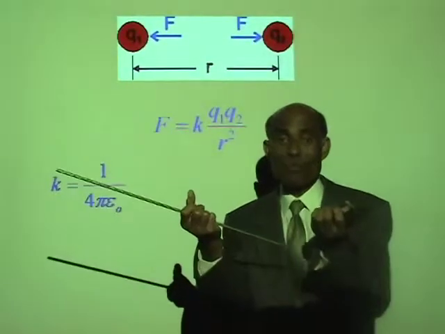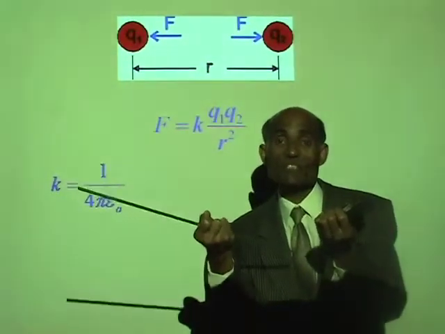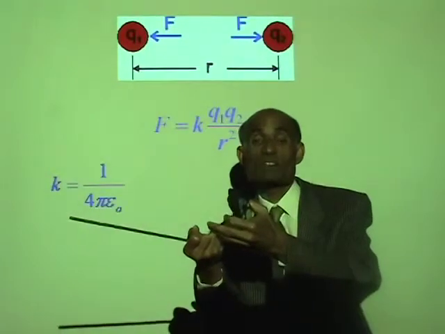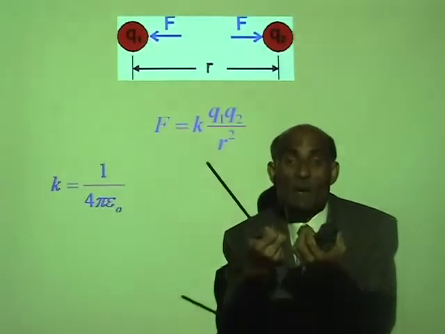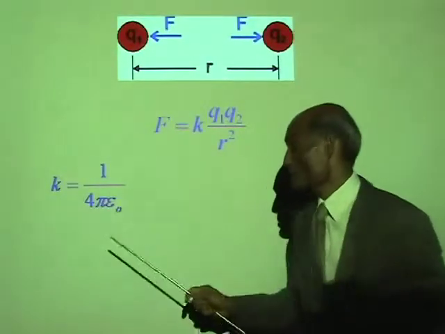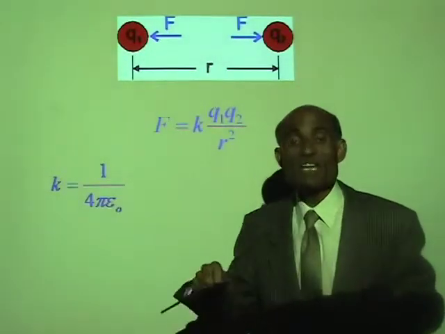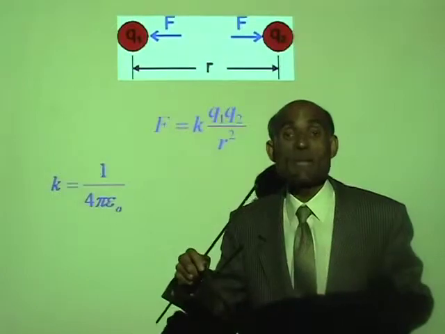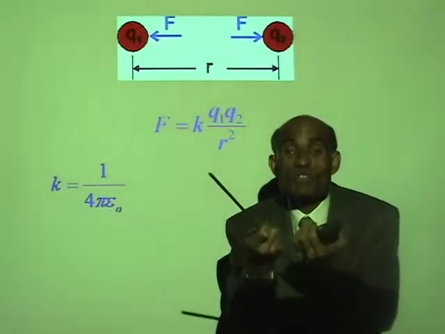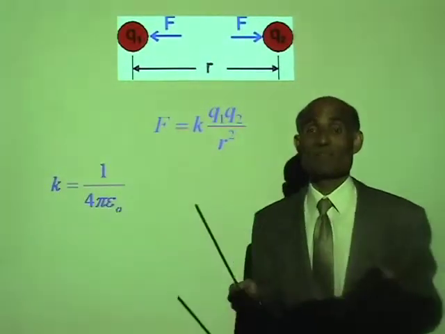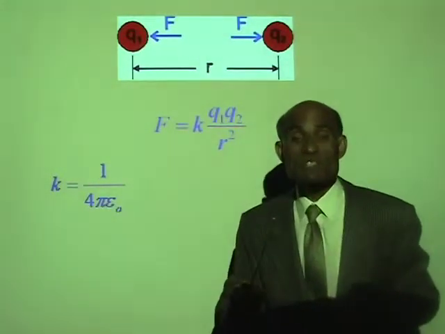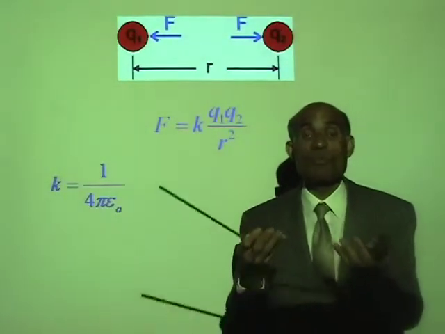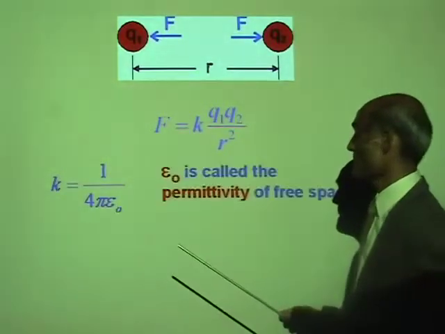In order that one electric charge may exert force on another electric charge, this force is conveyed through a medium. And so epsilon naught is a property of that medium in which the forces are being conveyed. And so epsilon naught is called the permittivity of the medium where these charges are separated.